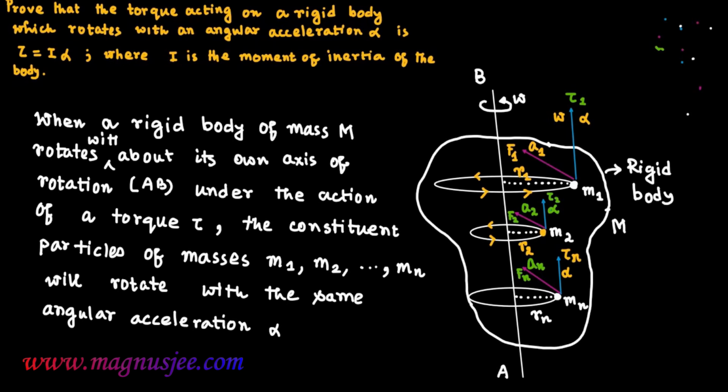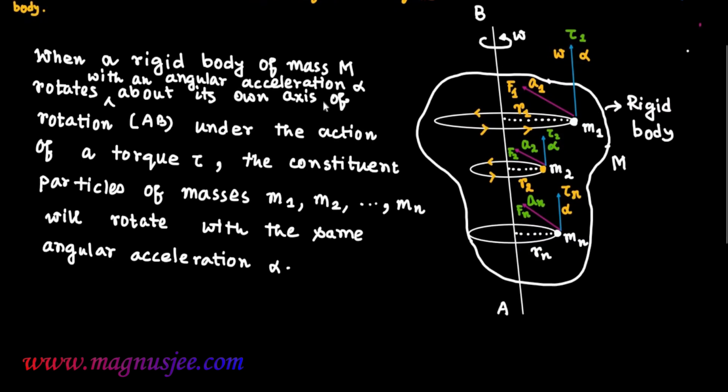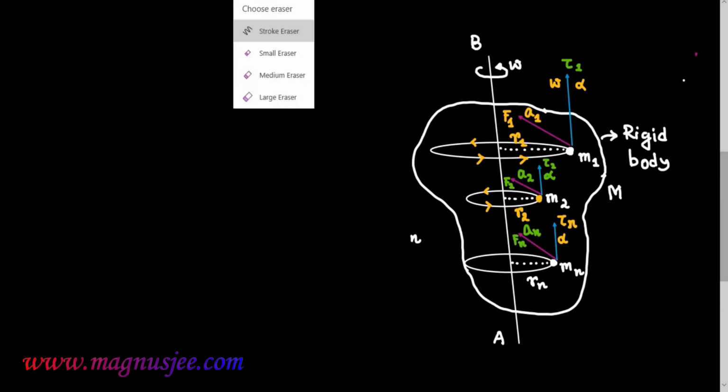That means the rigid body of mass M rotates with an angular acceleration alpha under the action of torque tau, and the constituent particles of masses M1, M2, Mn will rotate with the same angular acceleration.